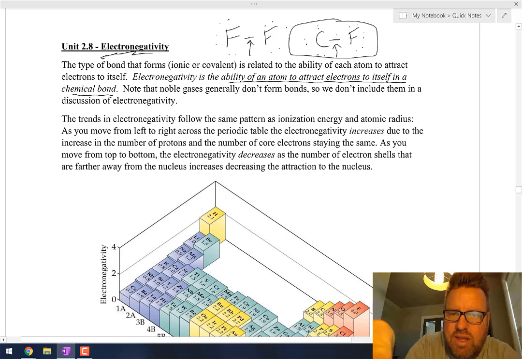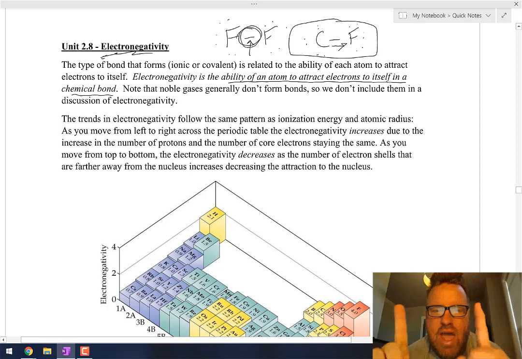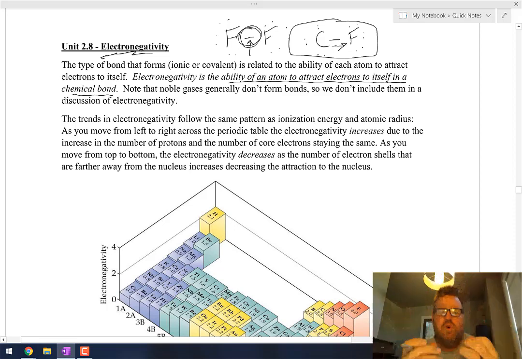So what that means is these two electrons that are right there in that bond between carbon and fluorine are more attracted to the fluorine than they are to the carbon. With the fluorine-fluorine bond, because it's the same atom on both sides, neither one of them has a greater electronegativity than the other.